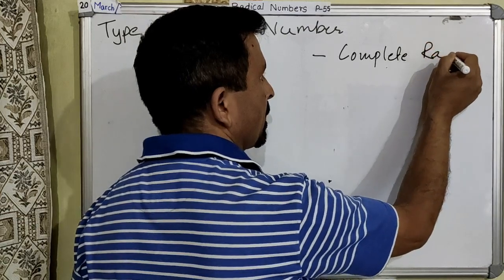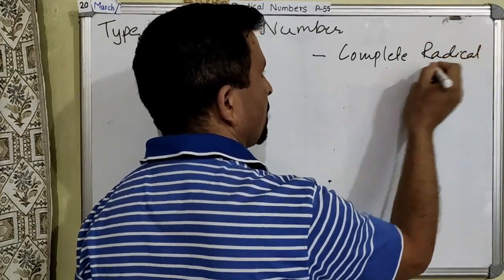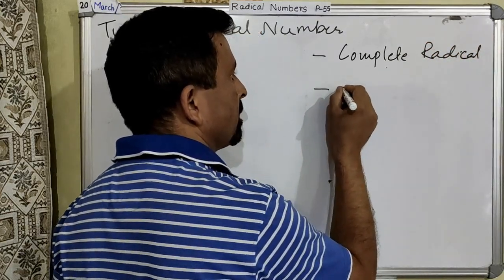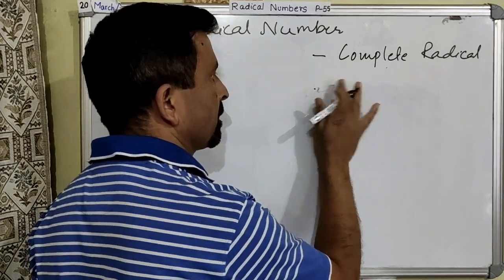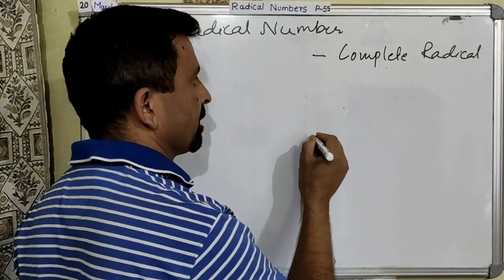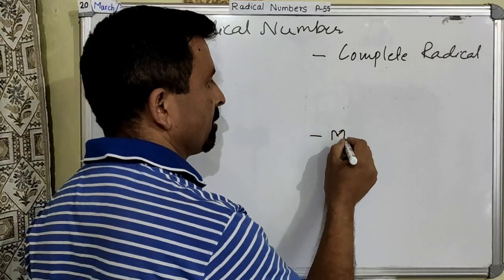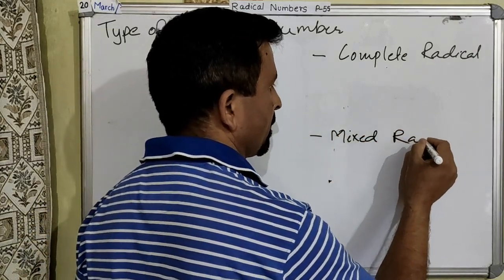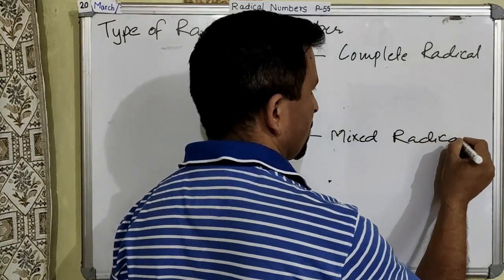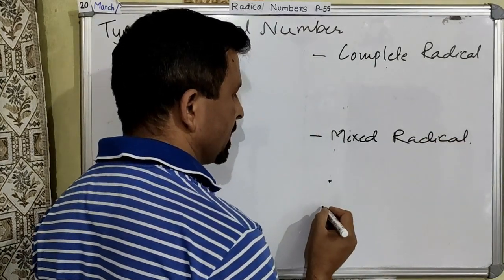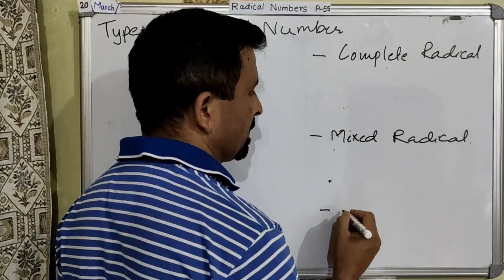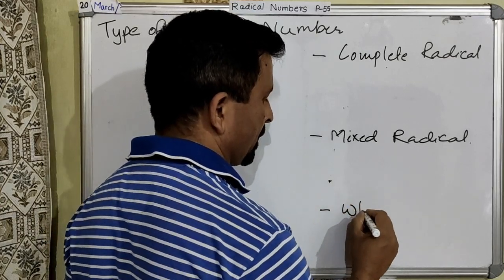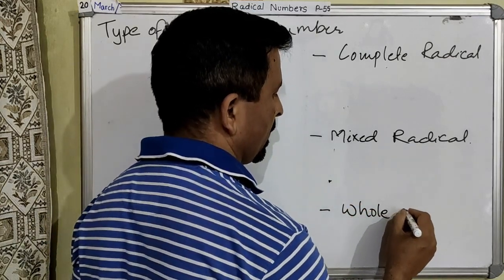Second one we will call as mixed radical. And third one we will call as the whole number.